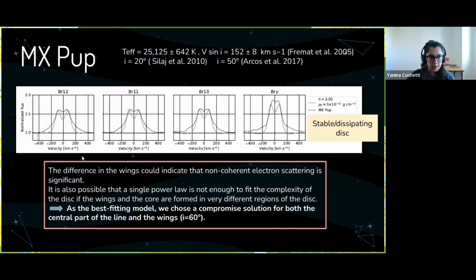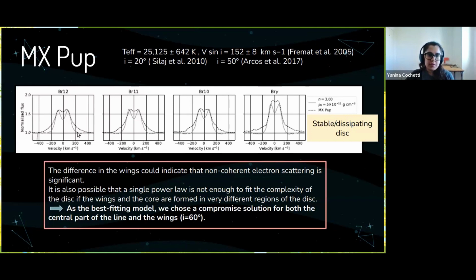So these are the 4 Brackett lines that we observe in this object, and we compare them with the simulations. The dashed line is the spectrum of MX Pup, and the continuous gray line is the best fitting model that we found.